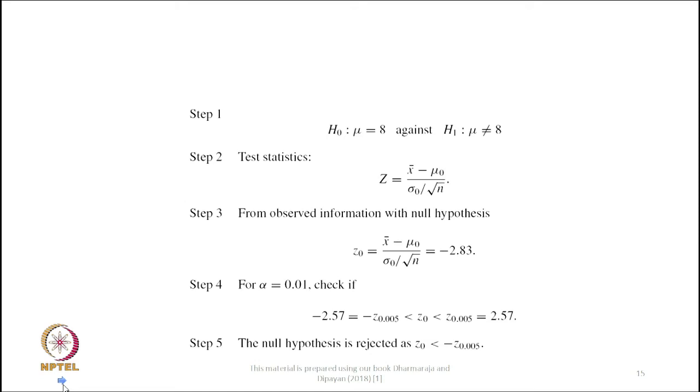Find out the value of the test statistics with the help of the null hypothesis and observed information. That means whatever it says in the null hypothesis, that has to be supplied. Whatever observed information you got from the random sample of size n, that information you have to plug in. Therefore, finally you will end up with a number.